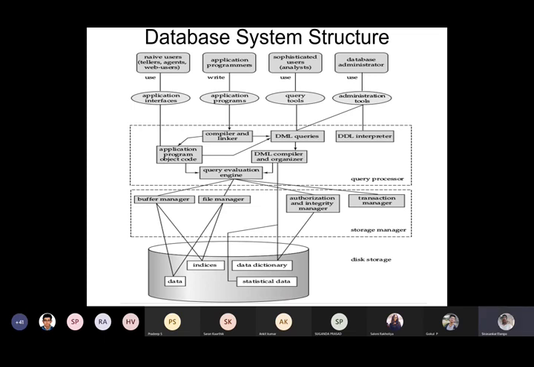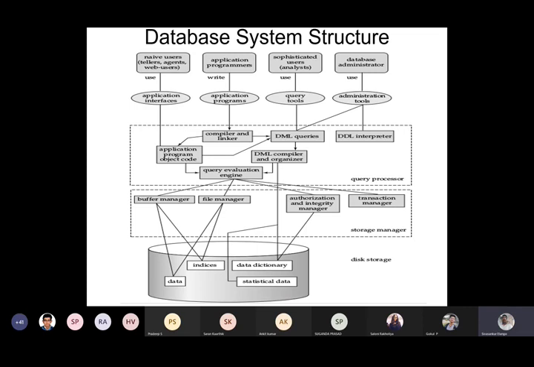So in the top level, we have different types of users who are going to interact with the system by means of different interfaces, right? For example, you have naive users. Naive users interact with the system by invoking an existing program that has been written previously. For example, a bank teller or a cashier may be interacting with the database system by invoking an existing program that has been written previously by some programmer.